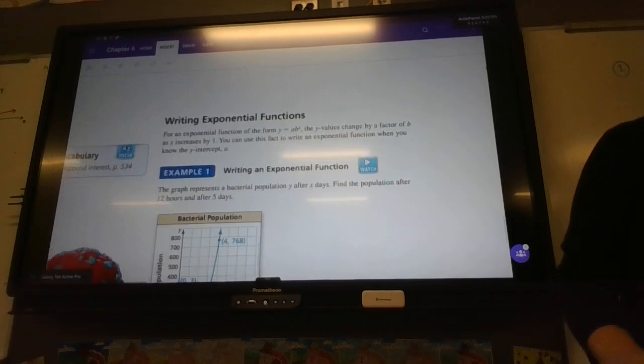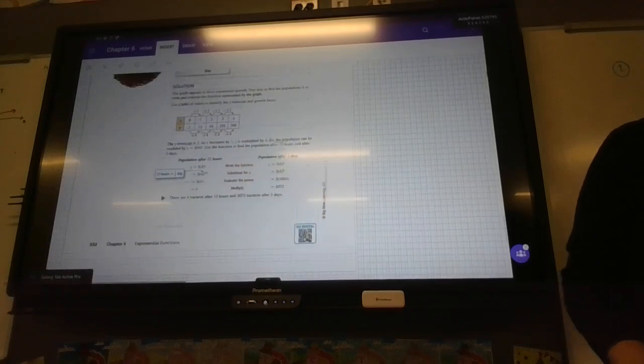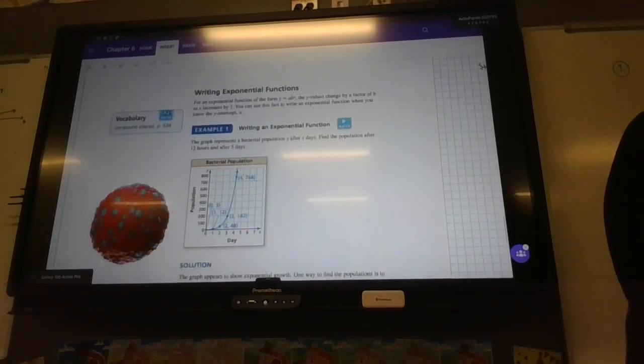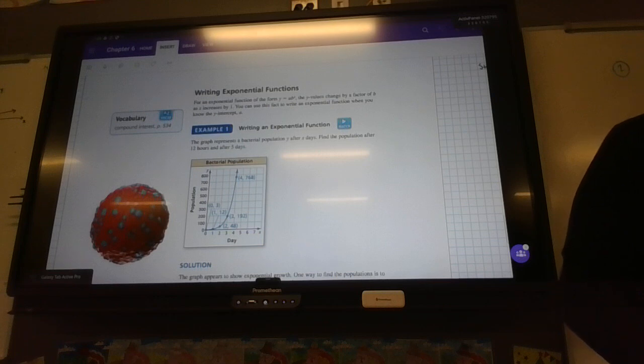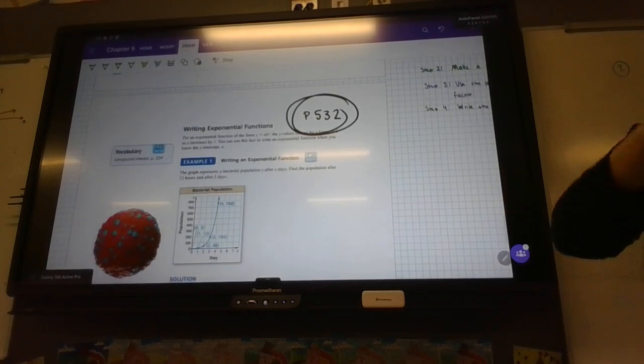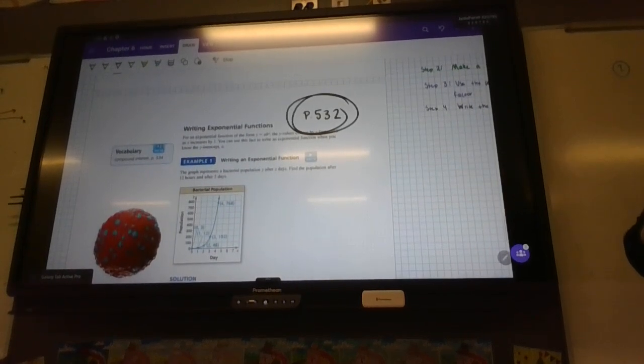I want everybody to go to page 532 and start reading about writing exponential functions. You're actually going to take notes on the back of this handout. Fine if you want to do it on notebook paper, but I know I'm going to hand this handout back to you.